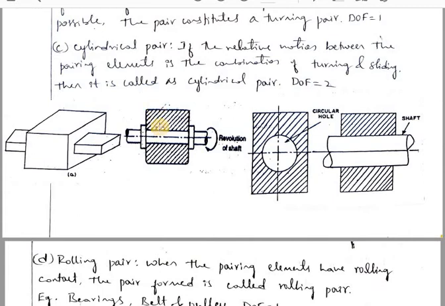Pardon students, I will explain once again this cylindrical pair. Cylindrical pair is the one where the relative motion between the pairing elements is the combination of turning and sliding. Okay, then it is called as the cylindrical pair, and because of turning and sliding motion, it will be having 2 degrees of freedom.